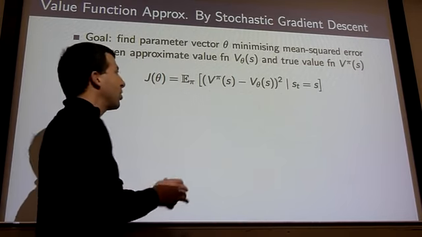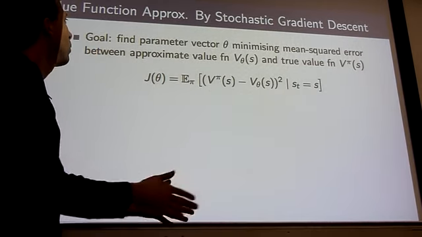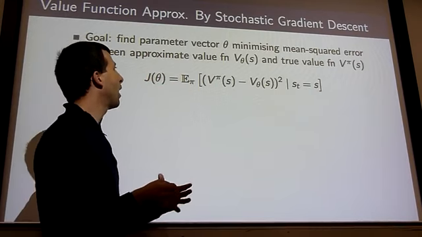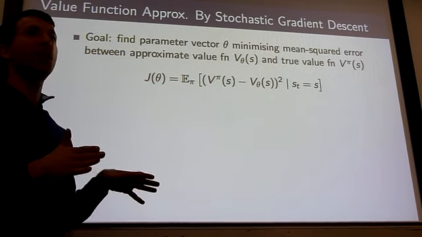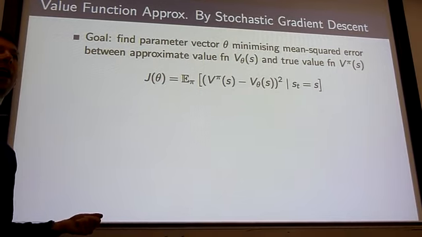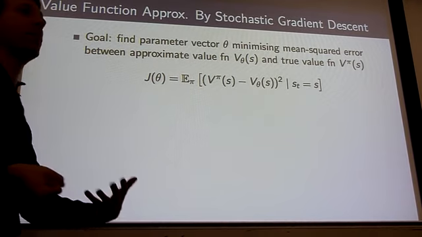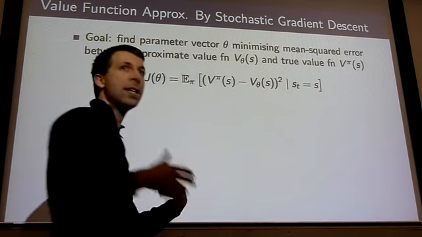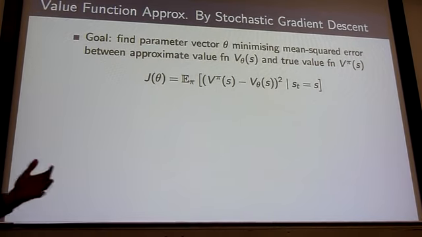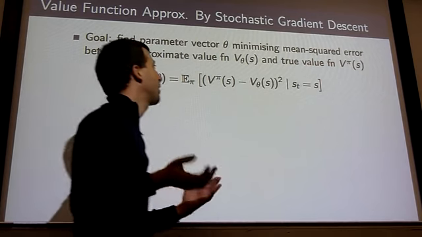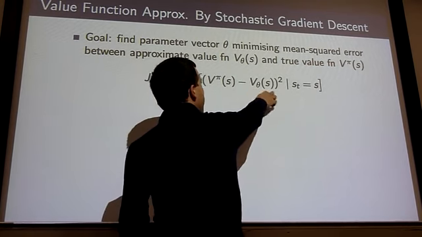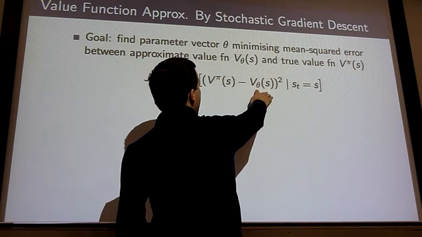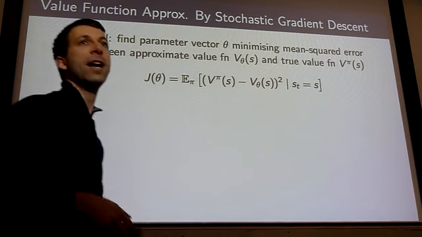So this is the expectation if you're following your particular policy. We want to do policy evaluation here. And if we want to do policy evaluation, what do we want to know? Well, we basically want to know how accurate is our estimate of the value function. So we've got some estimate of the value function, which is our v theta. We've made this surface, our curve, that we're trying to use to estimate the value function. We want to know the squared error between our estimate and the true value function at that state s.